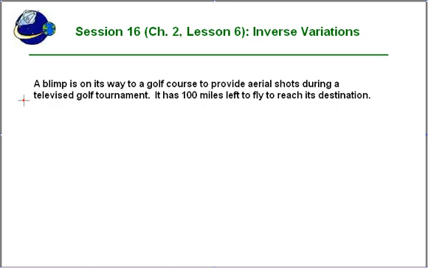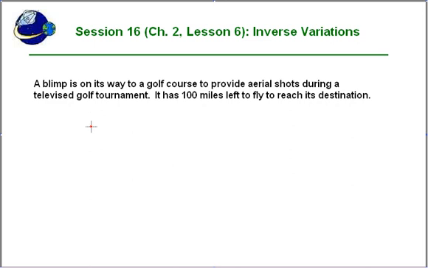Quickly here, here's a brief word problem. A blimp is on its way to a golf course to provide aerial shots during a televised golf tournament. It has 100 miles left to fly to reach its destination. There's enough information within this word problem whereby we could actually create a formula that would represent how long it would take them going at an average speed.